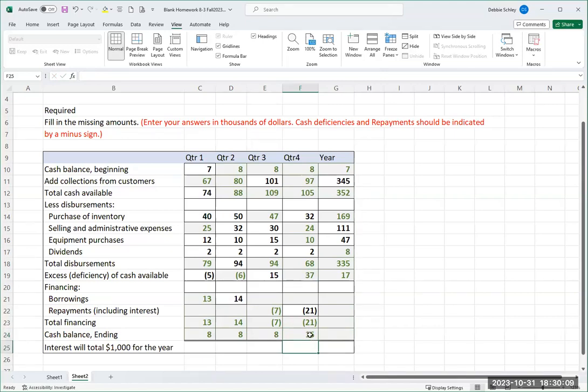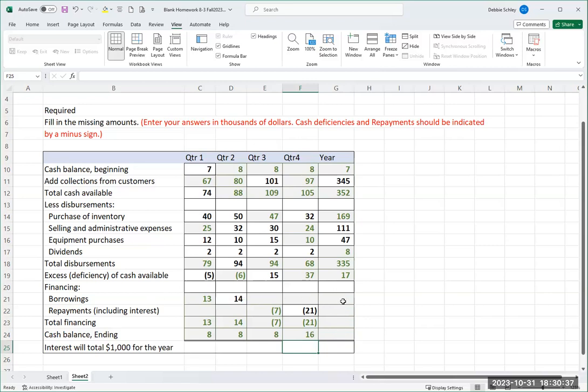So I have 16. Okay, so this is a really important number to look at because that ending balance of cash for quarter four, the ending, is going to be the same as the ending year cash balance. But I'm going to not fill that in yet because I want to make sure that as I add and subtract across, that I'm doing the math right. So these two numbers will be the same eventually.